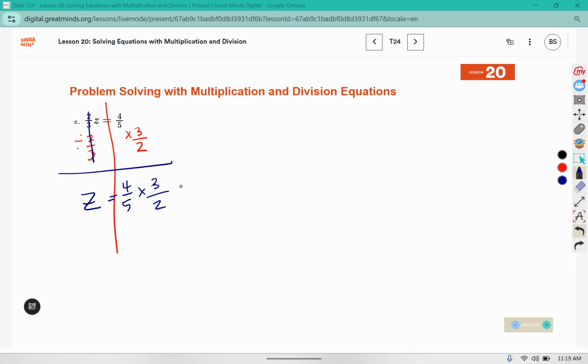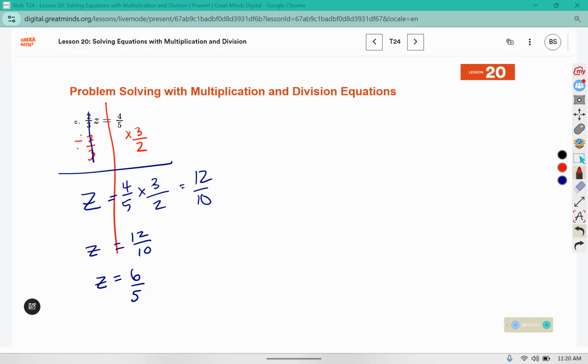Four times 3 is 12. 5 times 2 is 10. So z is 12/10. You could also reduce that. 12 is 6 2's, and 10 is 5 2's.